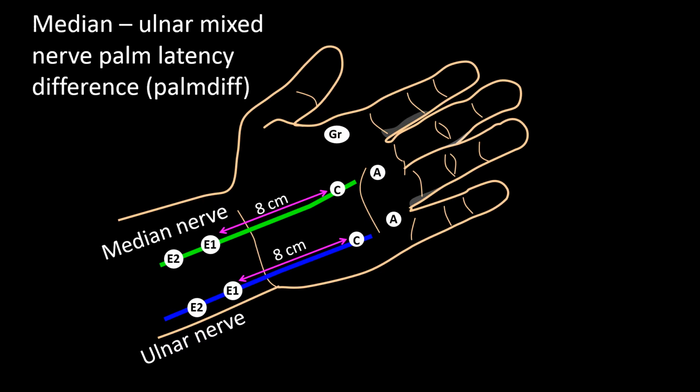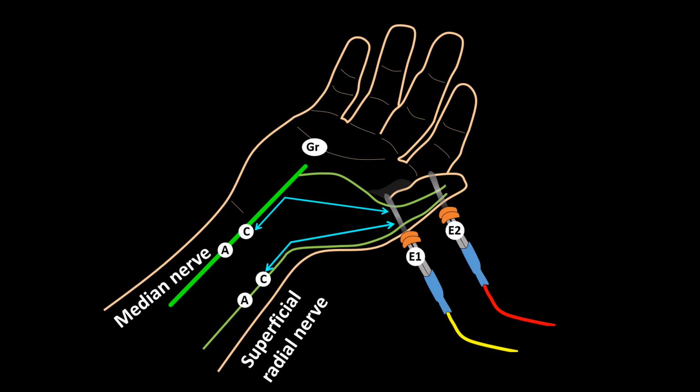An example of the latter is shown in this frame. 1-point median and radial to thumb testing can be done as shown in this frame. During this test, only cutaneous sensory fibers are recorded by virtue of the position of the recording electrode, that is, by the location of E1.